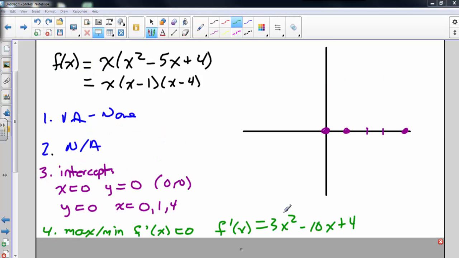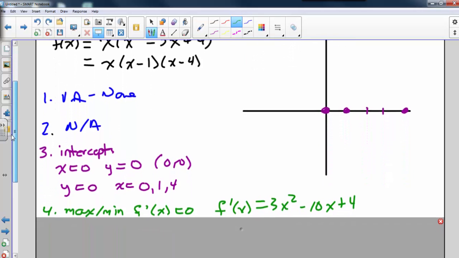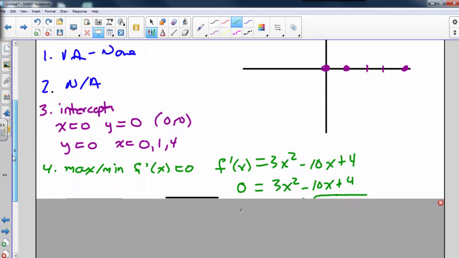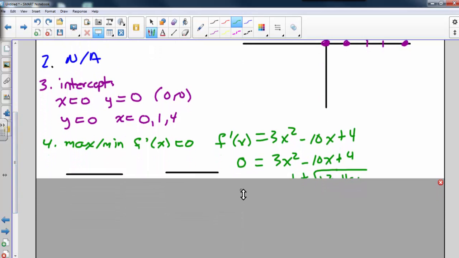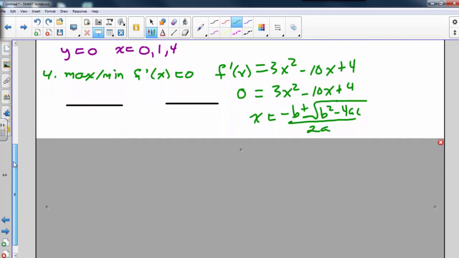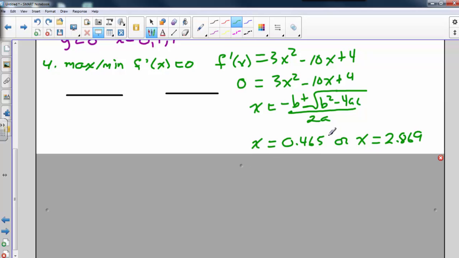Our derivative is this, using simply power rules here, 3x squared minus 10x plus 4, and we make that equal to 0. So we're solving again for the maximums and minimums. As far as I can see, this can't be factored easily, so I'm going to use the quadratic formula. And when I do that, I find x values of these two numbers.